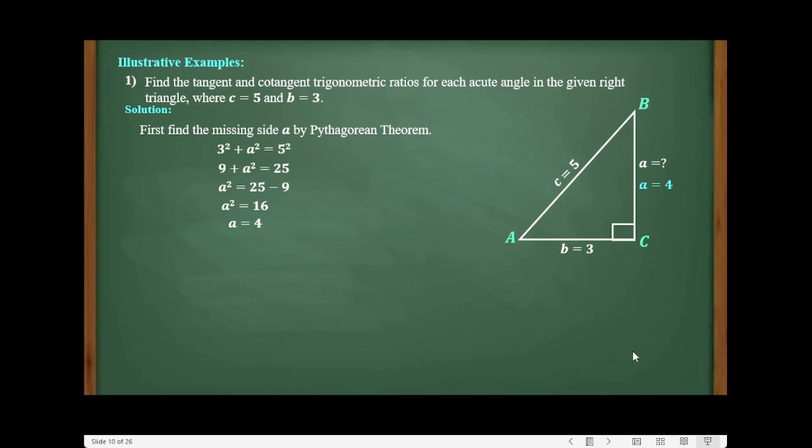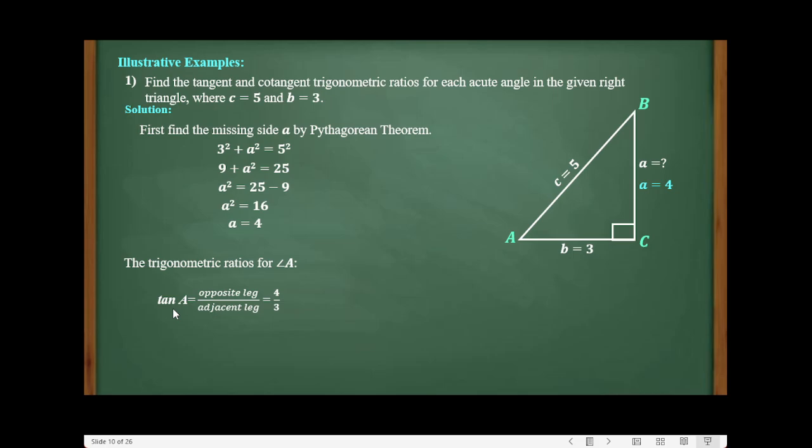And at this point, we already know the length of all the sides of this right triangle. And we can now define the tangent and the cotangent trigonometric ratios of both acute angles. So let us begin with acute angle A. The trigonometric ratios for angle A are the following.